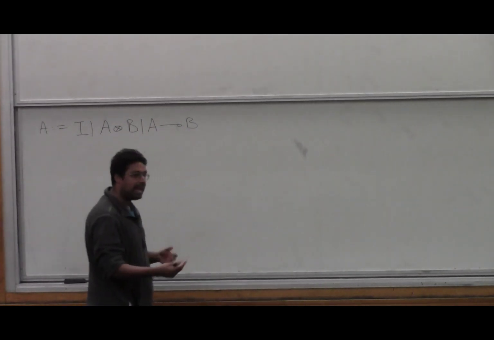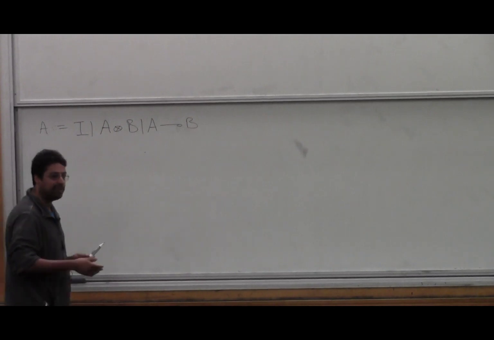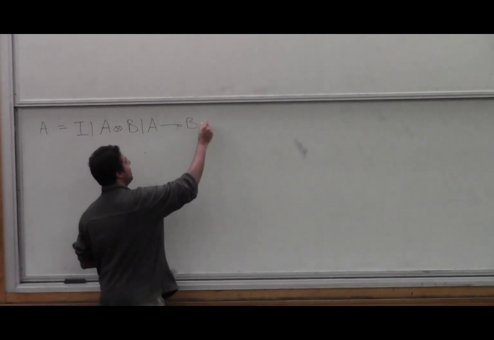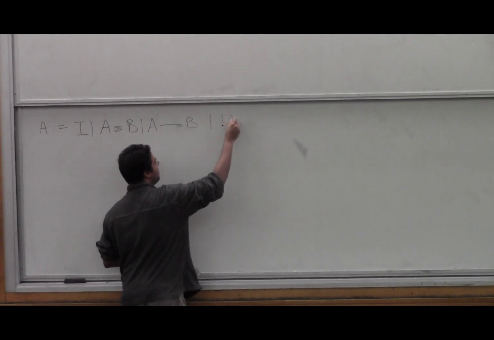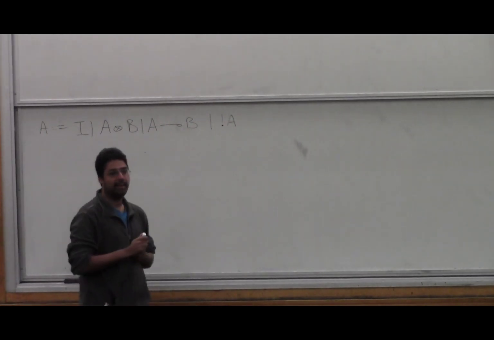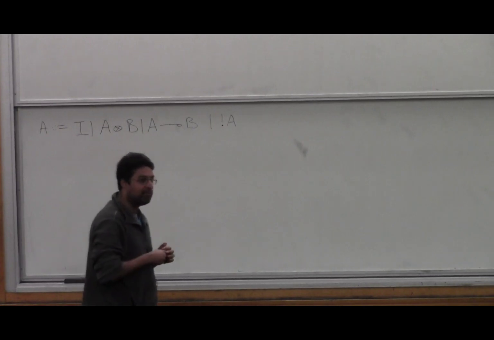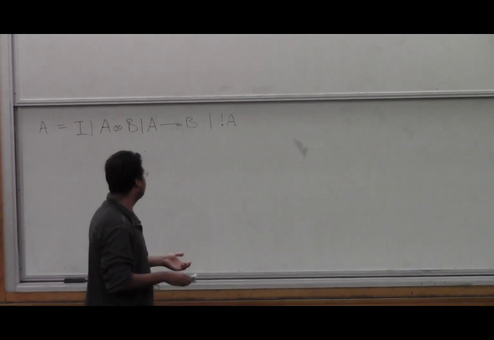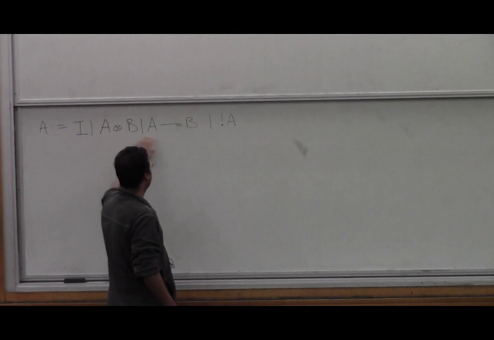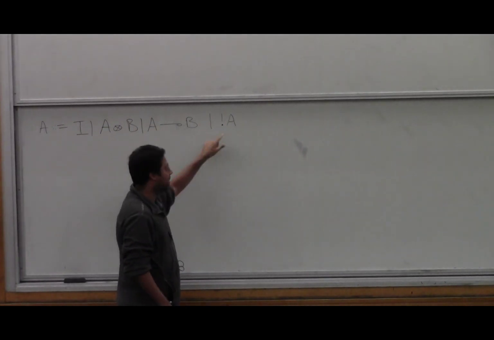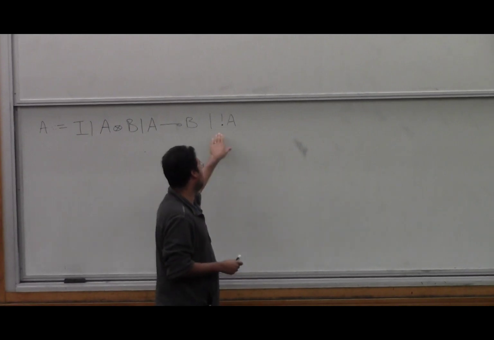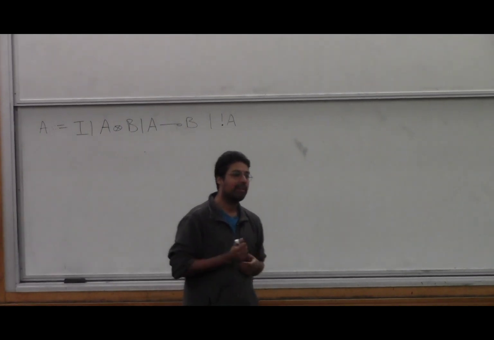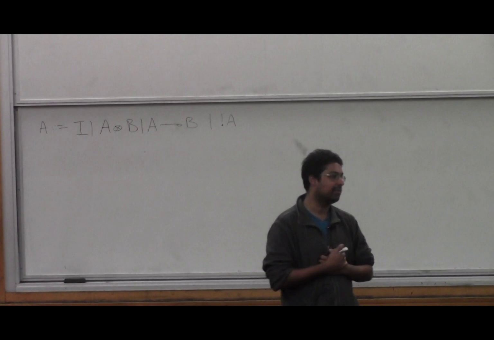And you could regain the ability to count, to use hypotheses multiple times, by adding a new type operator which he called bang. This is sometimes also called the exponential modality. All of the connectives except for bang are connectives that can be used exactly one time. And bang A is something that you can use as many times as you like.